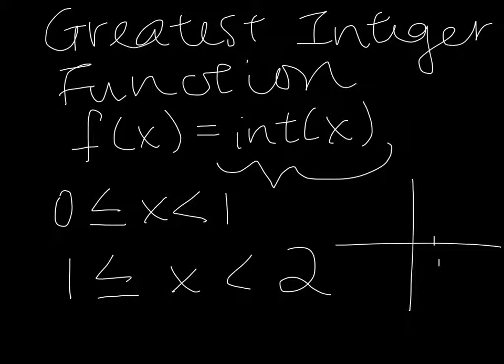So say we were plotting this one right here. Since it starts at 1 and it's bubbled in, and we know that f of x equals 1, there's a solid point at 1, 1, and then there's an open point at 2, 1.